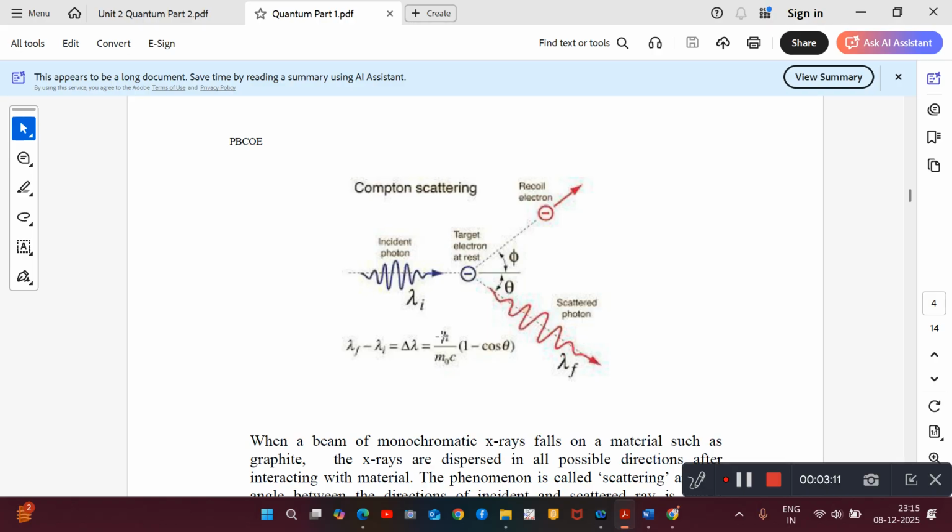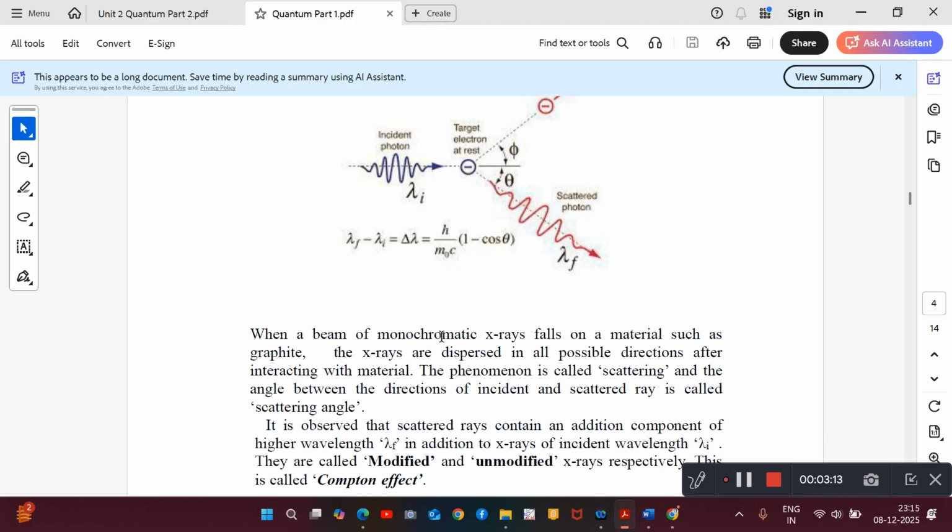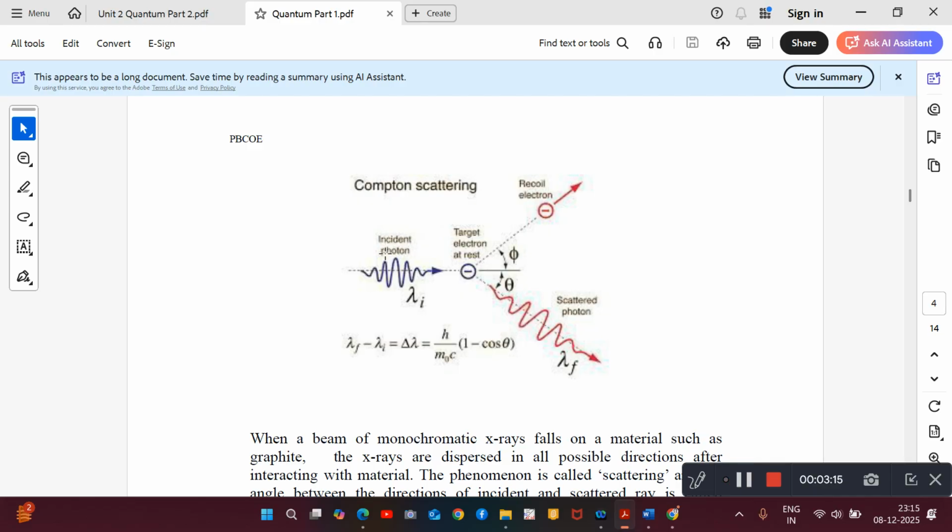So this is all about the Compton effect, in which an incident photon collides with a rest electron, and after the elastic collision the electron gets recoiled and the photon gets scattered. In our class we have seen that the photon is scattered upward, at angle theta, and the electron is recoiled in the downward direction with angle phi.